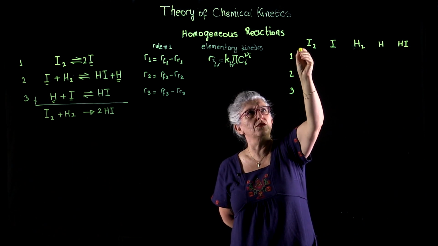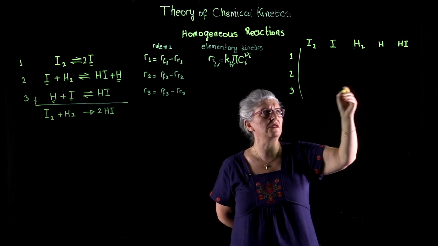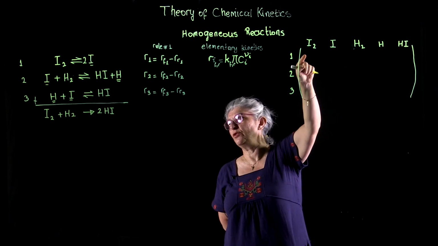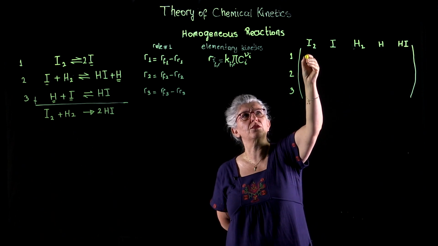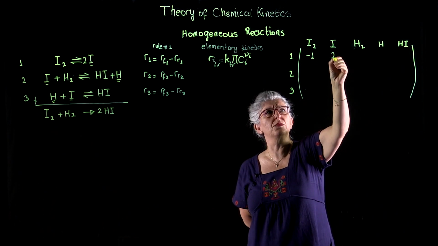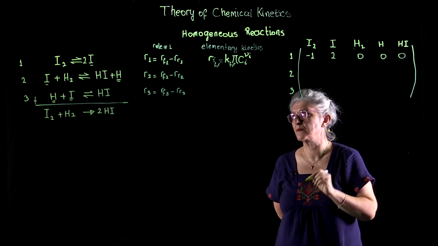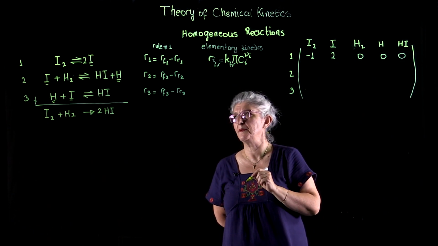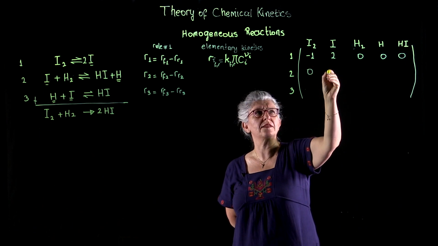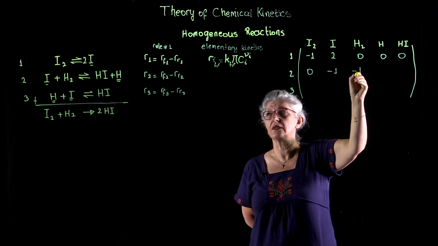So we're going to form our stoichiometric coefficient matrix. I2 in reaction 1 has a stoichiometric coefficient of -1. I has 2. These have 0 stoichiometric coefficients. In the second step, I2 has 0. I has -1. H2 has -1.